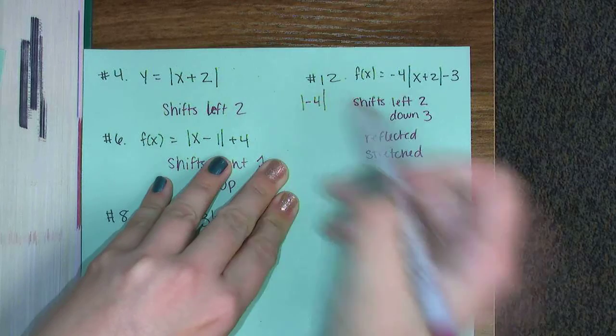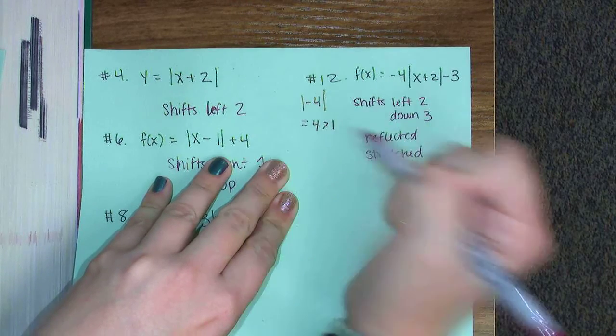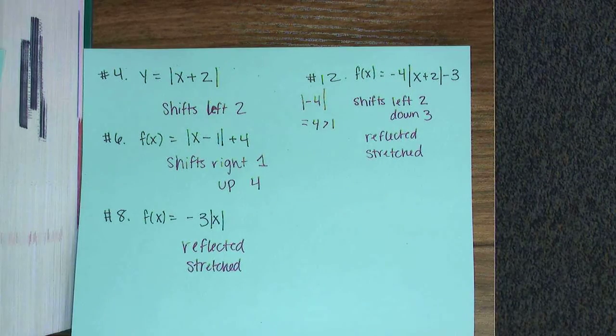However, the absolute value of negative 4 is equal to 4, which is greater than 1. So it's being stretched. I don't know why they would give it to you that way, but if it's greater than 1, then yes. If you had 3 over 2, then it would be stretched.